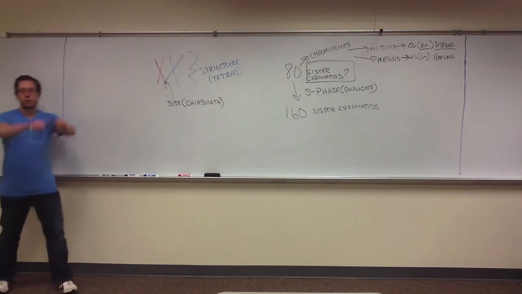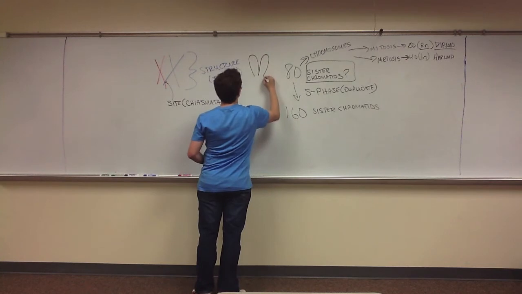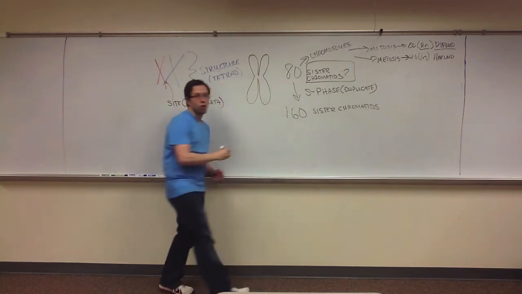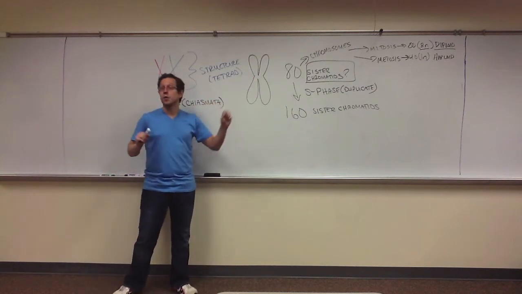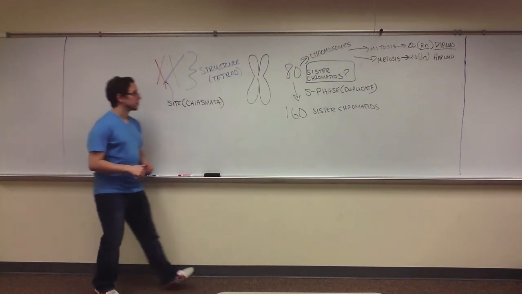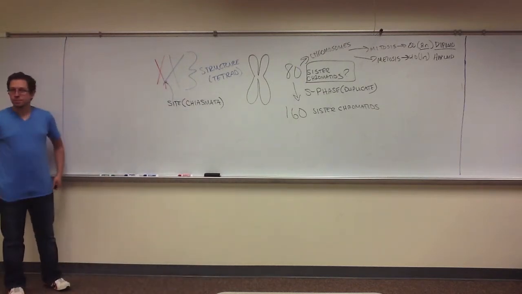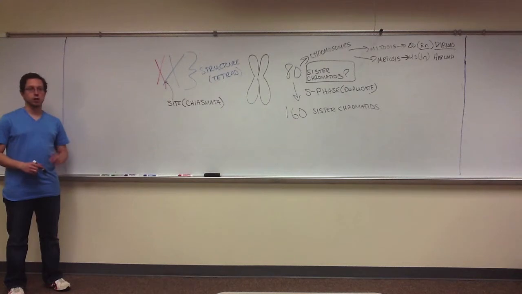When they're in that duplicated structure with that butterfly shape, that's a pair of sister chromatids. Once we've divided them and they're no longer stuck together, then you're dealing with chromosomes. Make sense? Totally. So meiosis II separates sister chromatids, and meiosis I separates homologous chromosomes.